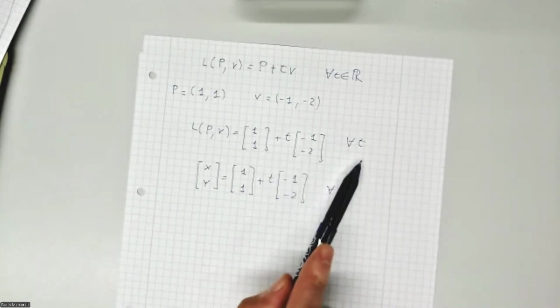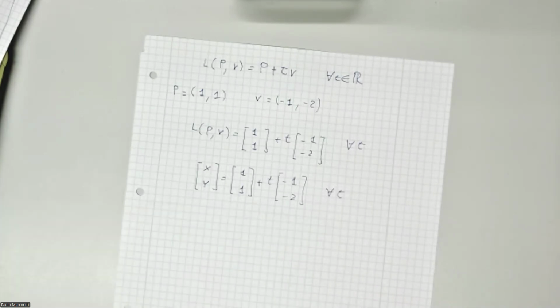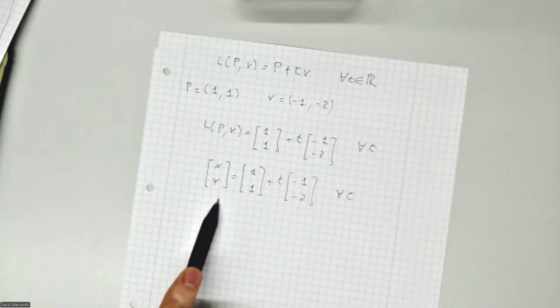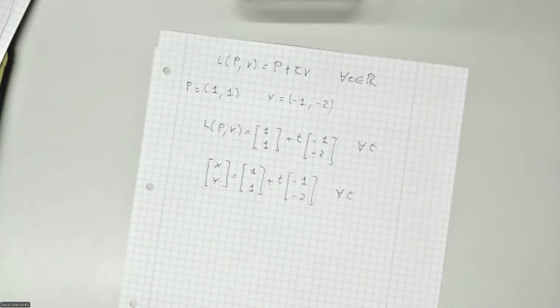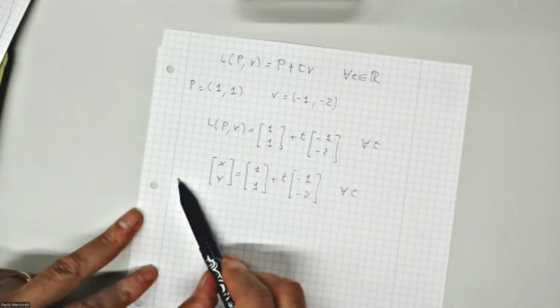Because t could be any value. But we are in two dimensions, x and y. If you don't like x and y, you can call them a and b. It doesn't matter. This is the solution.